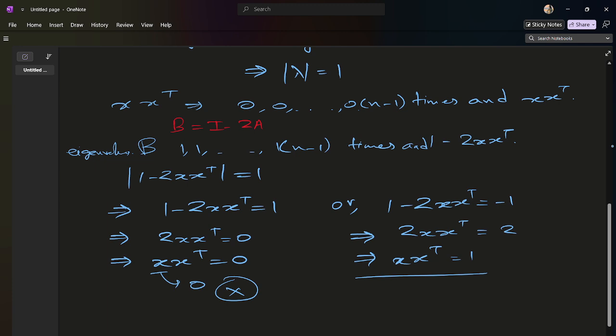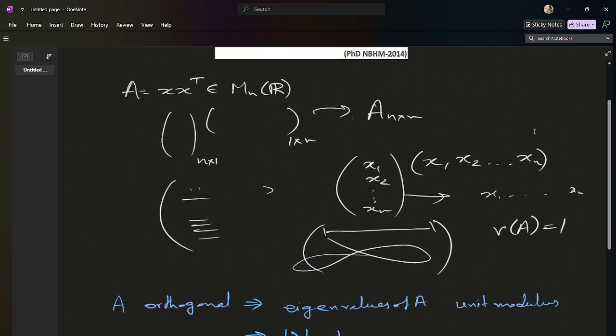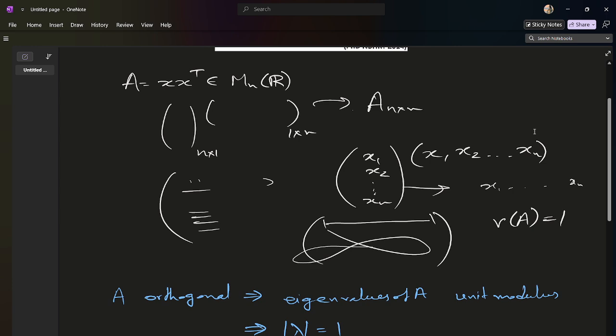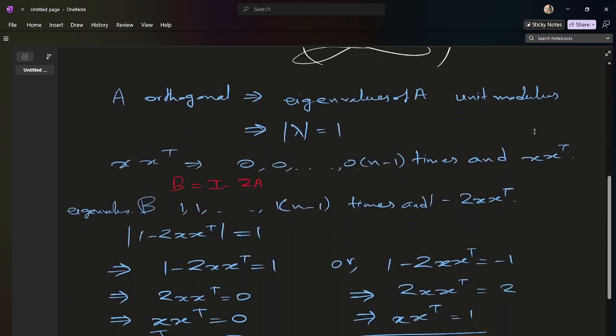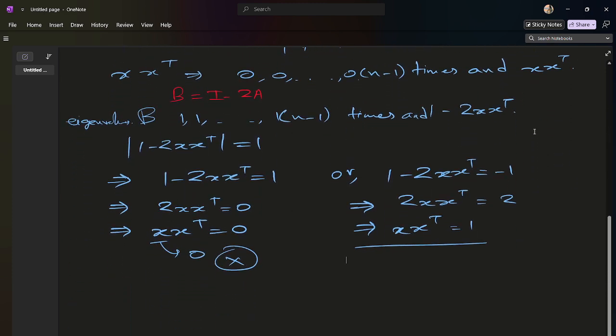Then we got two cases and two results: x transpose x equals 0 and x transpose x equals 1. When x transpose x equals 0, the only possibility is x equals 0, and then A would be the null matrix, which cannot be possible.